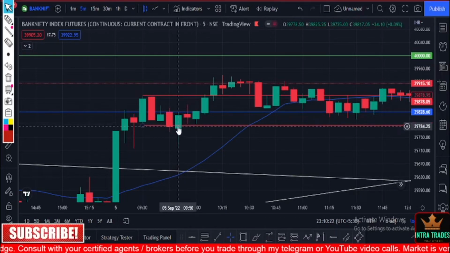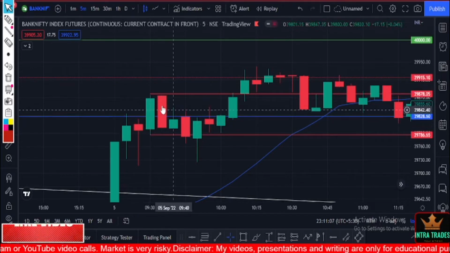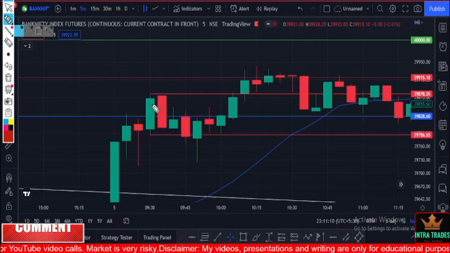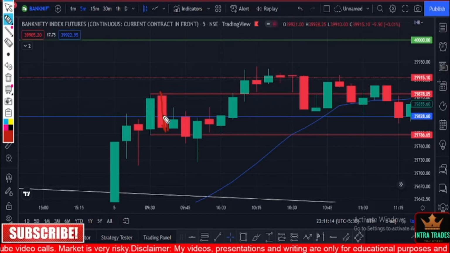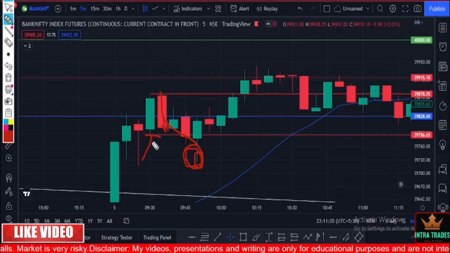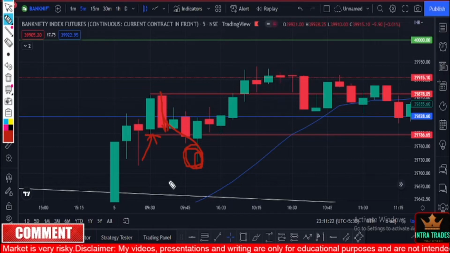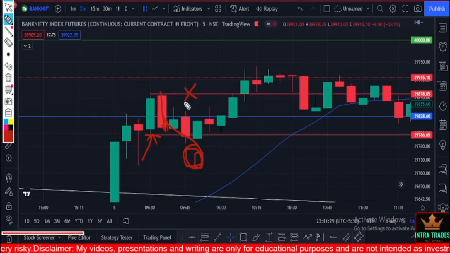Now what happened next? The market is not willing to give me any entries. The next candle itself is a red candle, and it also came below the candle which gave me an adequate delta. So my entry above this candle is a failure.